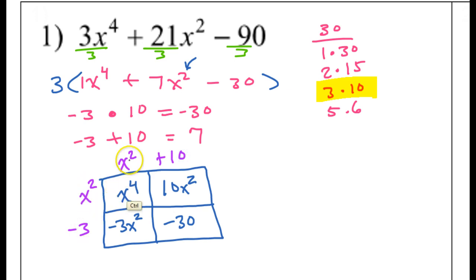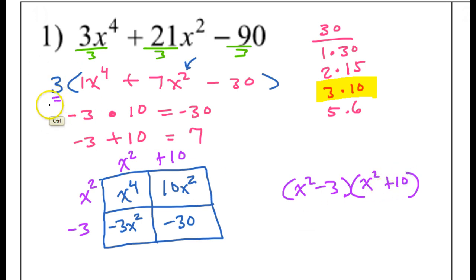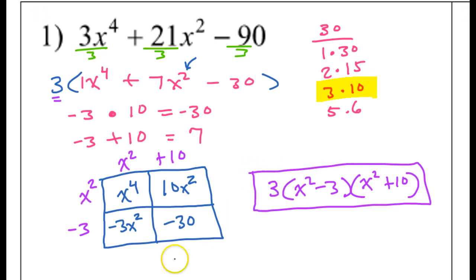All right, and that gives me my binomial times a binomial. I think I'll just put it right here. So from the side over here, I will have x squared minus 3. And across the top, I have x squared plus 10. But do not forget the GCF that we had right from the beginning of the problem, because that should be here in the front of everything. And this, my friends, is the final answer.